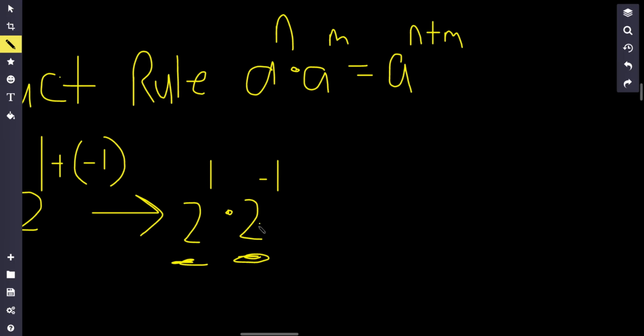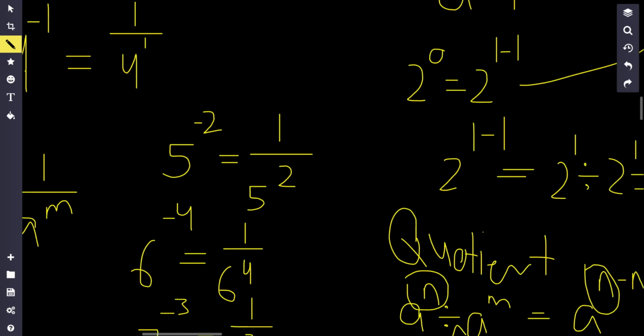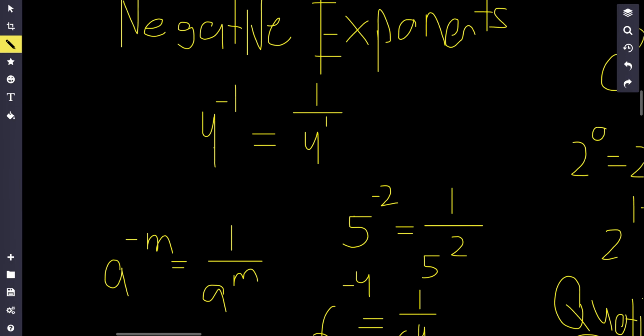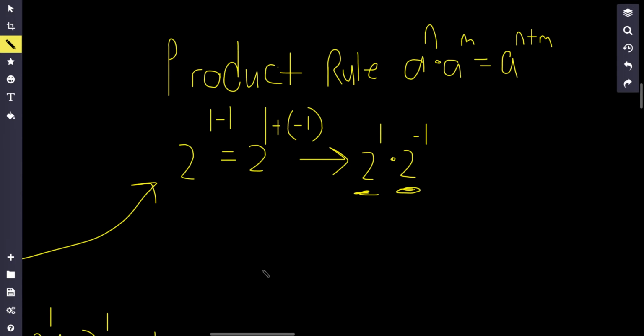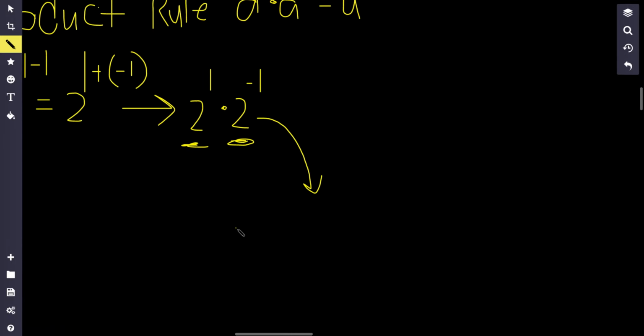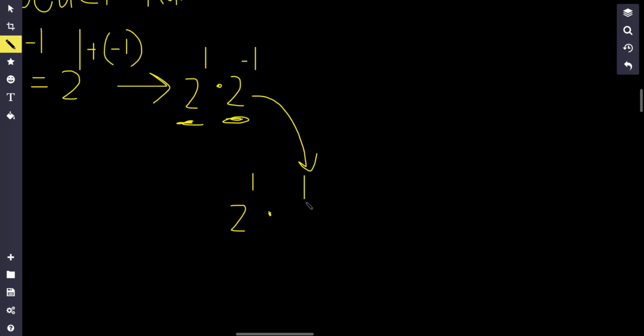Now what you're going to do is use properties of negative exponents. A to the negative m power is equal to 1 over a to the m power. So essentially, we can still keep 2 to the first power, and rewrite 2 to the negative 1 power as 1 over, you keep the base and turn the exponent positive.